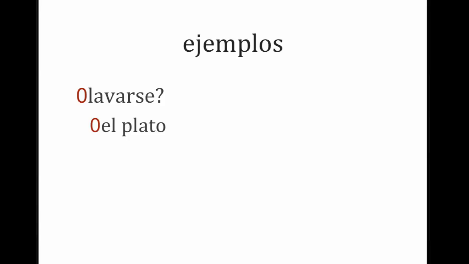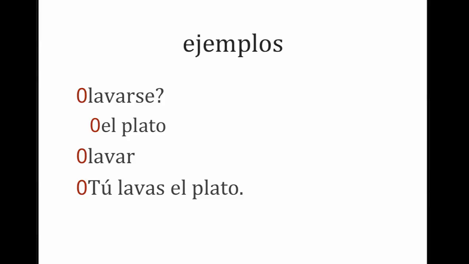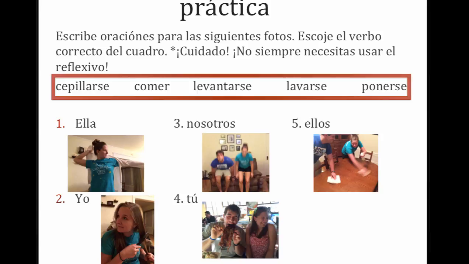I wasn't the one receiving the action. I was doing it, but I wasn't receiving it. Remember, for reflexive verbs, you have to both do and receive the action. Therefore, we're just going to use lavar, and we conjugate it normally. Tú lavas el plato. Aquí es la práctica.